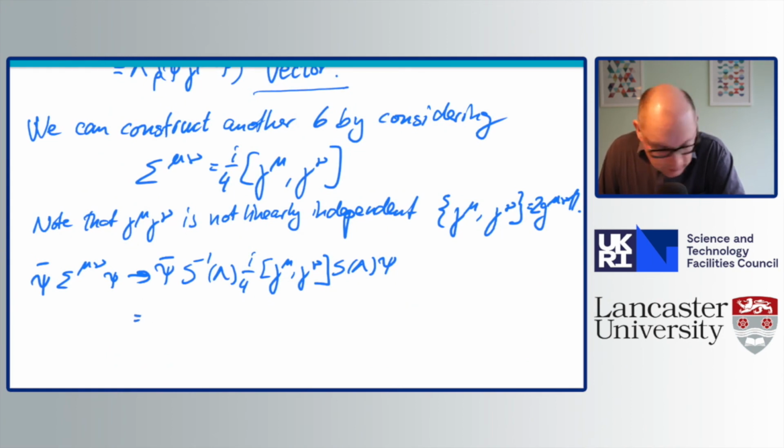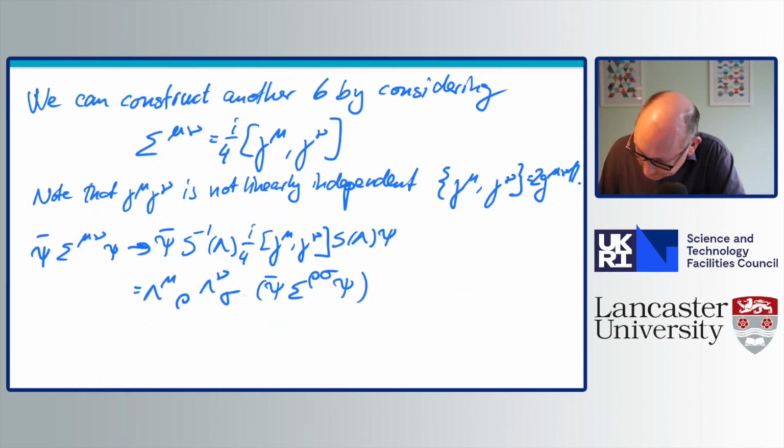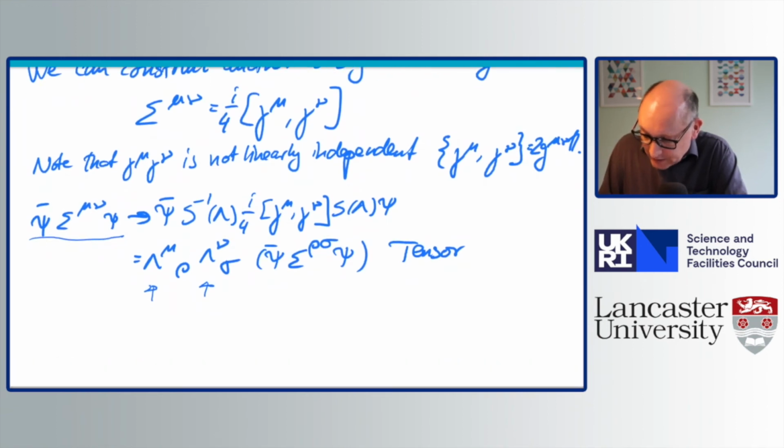So what we get here is equal to Λ^μ_ρ Λ^ν_σ ψ̄ σ^ρσ ψ. Right? This is exactly the transformation property of a tensor. It's a construct with two Lorentz indices, and it transforms using two Lorentz transformation matrices, Λ, one acting on each index.